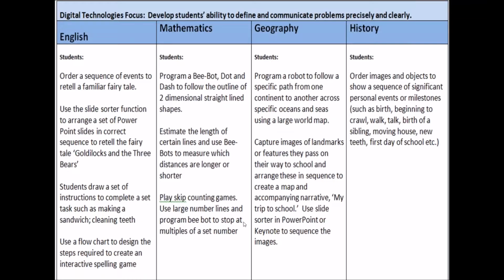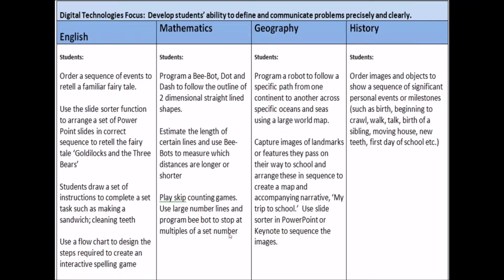In mathematics, we've just shown some examples using BBots to follow the outline of two-dimensional shapes, or using BBots for skip counting, programming the BBot to go from one spot to another, measuring set lines, etc.